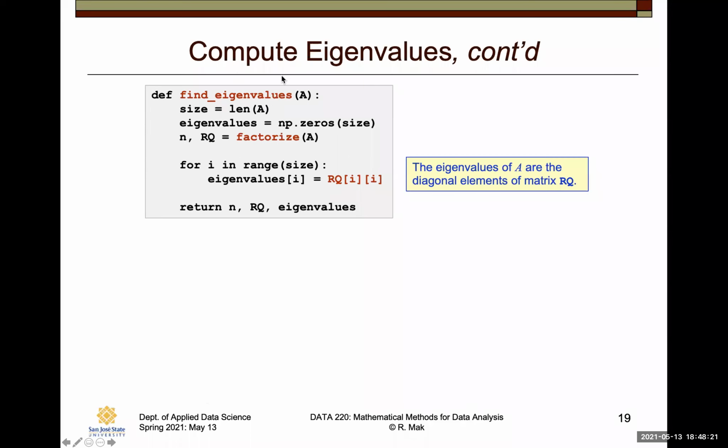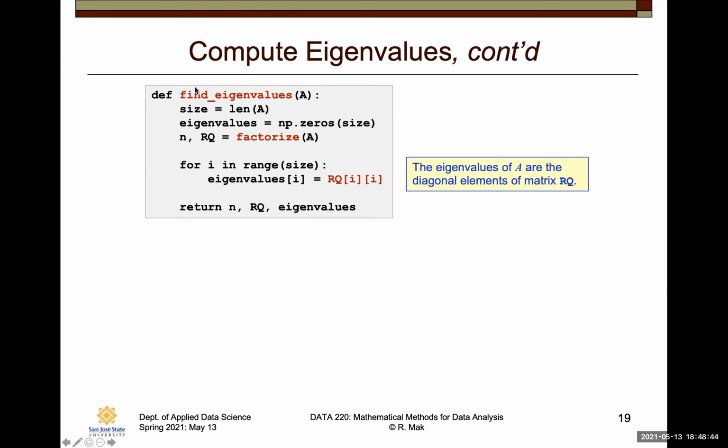So that means that the eigenvalues are along the main diagonal of RQ, which is matrix A converted through our iterative process into upper triangular. So now we have the eigenvalues along the diagonal.